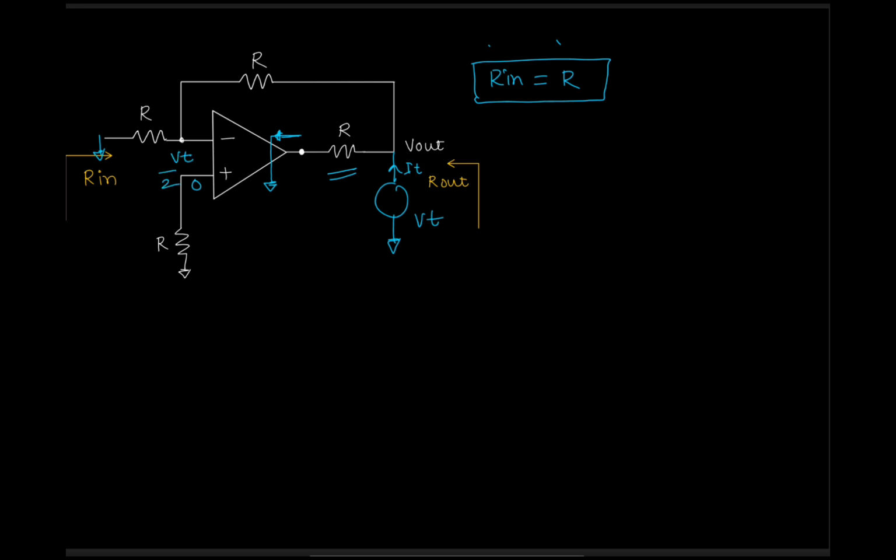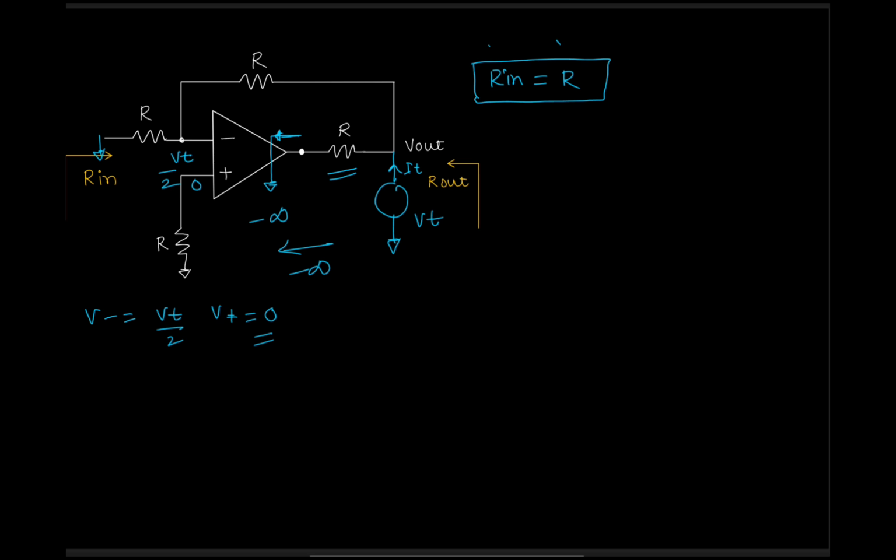So again, if the inverting terminal is VT by 2 and the non-inverting terminal is 0, that means the output will go to minus infinite, and VT minus infinite will be minus infinite only.